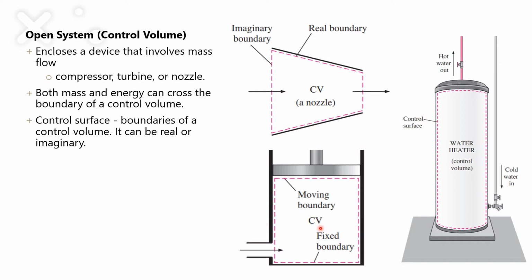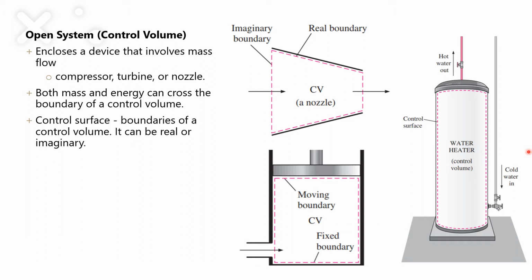Although most control volumes have fixed boundaries and do not involve any moving boundaries, a control volume can also involve heat and work interactions just as a closed system, in addition to mass interaction.